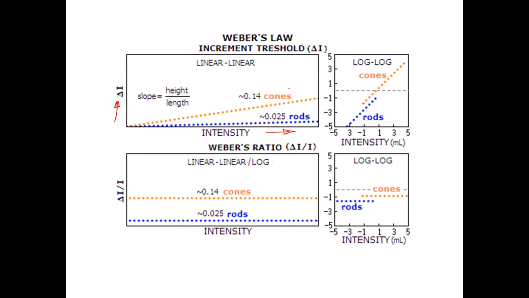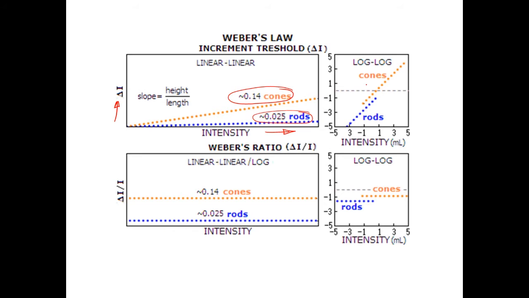So this graph shows the JND for cones separately and rods separately. For the cones it is 14%. Usually the JND is mentioned in terms of percentage. For rods it is 2.5%.